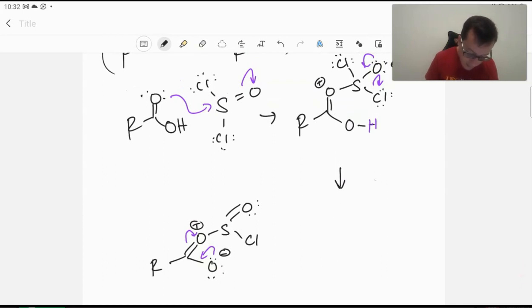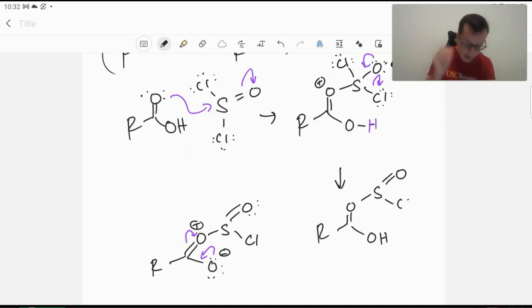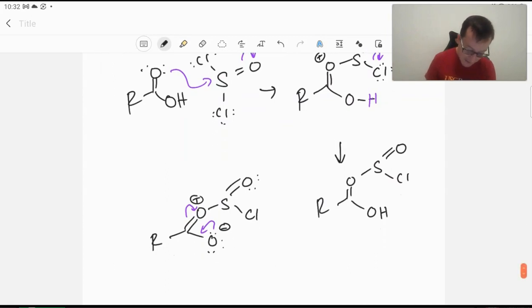We're going to have our chloride now come in. Sorry, I will slow down and draw this thing correctly. Okay, there we go. We're in the correct state here. So now we can have our chlorine come take out this proton. Hooray, there we go. And now we can do some rearrangement.